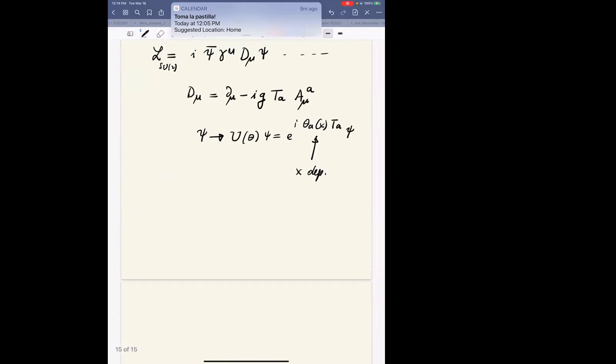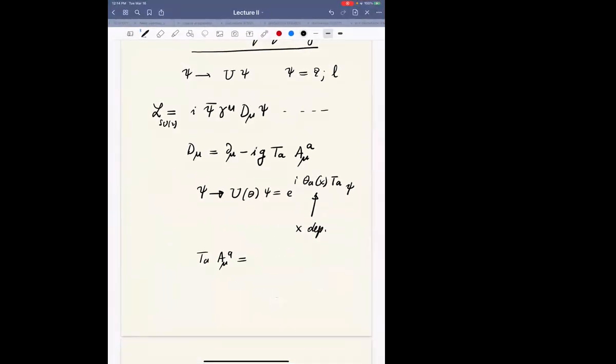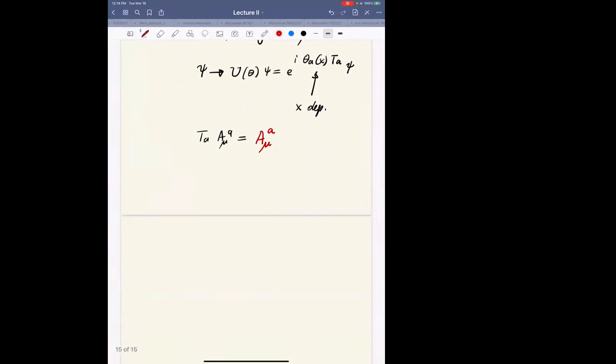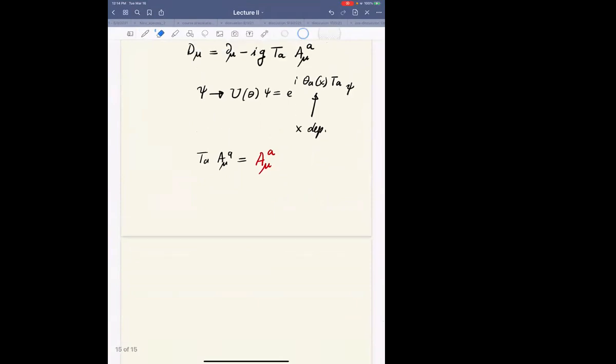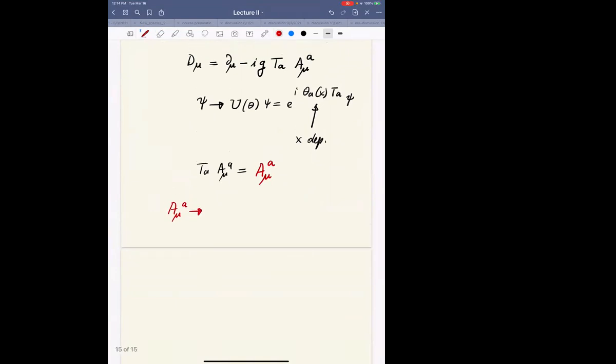It's convenient to introduce this quantity, T A, A mu A. Let me introduce the quantity and call it A mu. This matrix is useful because then I can write immediately how A mu transforms. It transforms into U A mu U dagger.